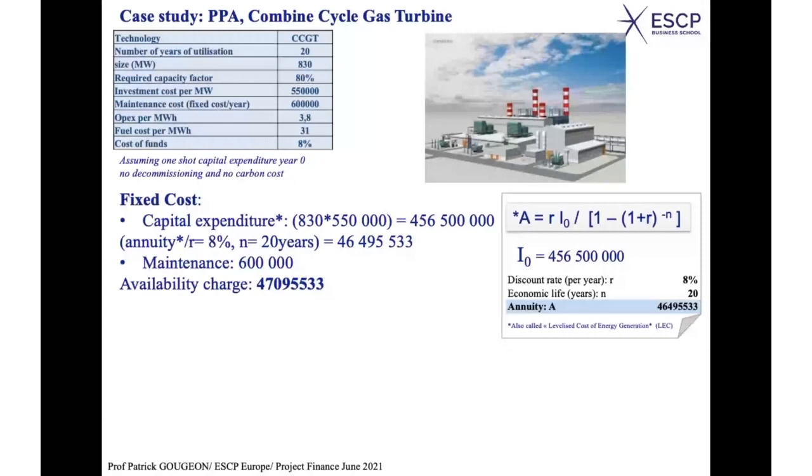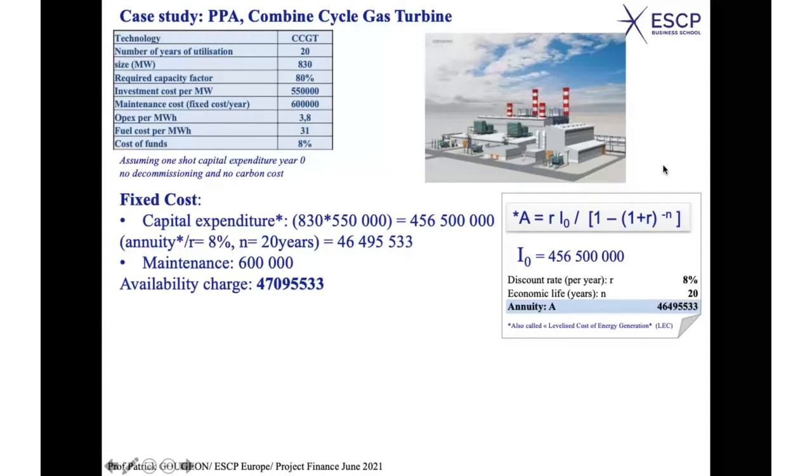I provide you with the formula which you have seen in corporate finance. Let's assume that the rate is 8%. Spending today 456,500,000 is equivalent to having this charge on a yearly basis. It would be exactly the case if you wanted to use a leasing financing tool to finance your plant.